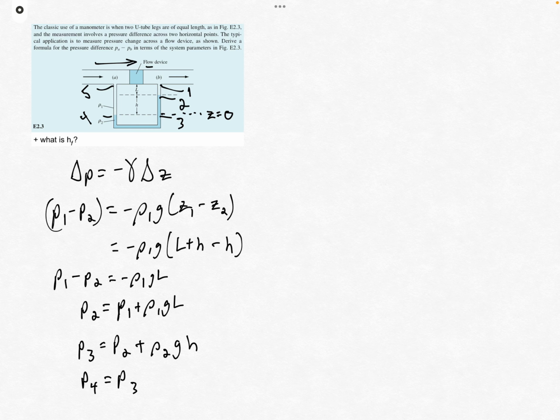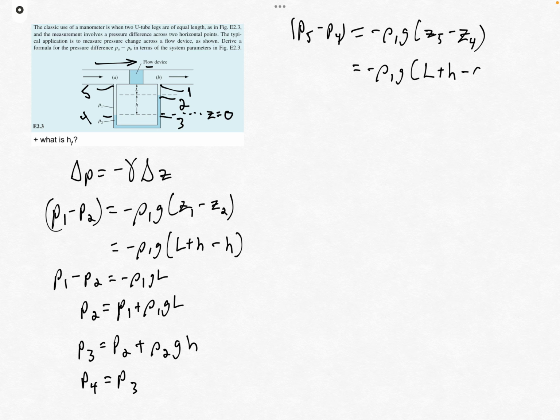Let's do our delta P is minus gamma delta Z. So we'll say P5 minus P4 is equal to minus, this is again going to be rho 1 G times Z5 minus Z4, which is equal to minus rho 1 G times, again, Z5 here is L plus H, and Z4 is 0.